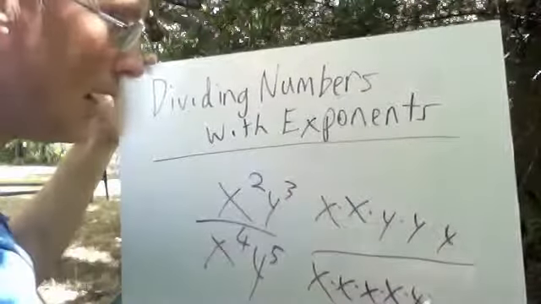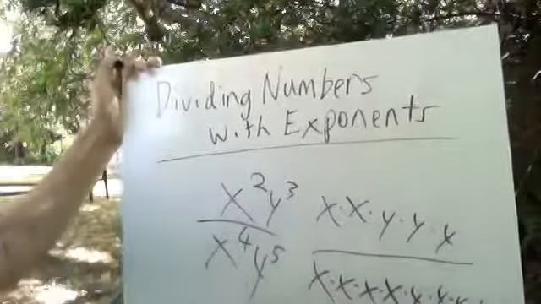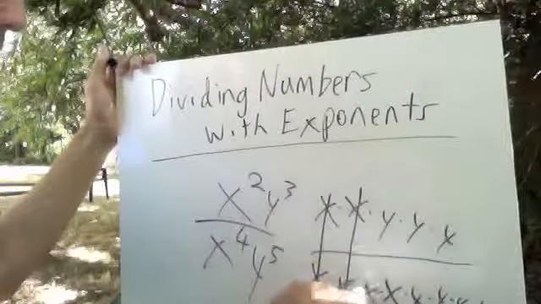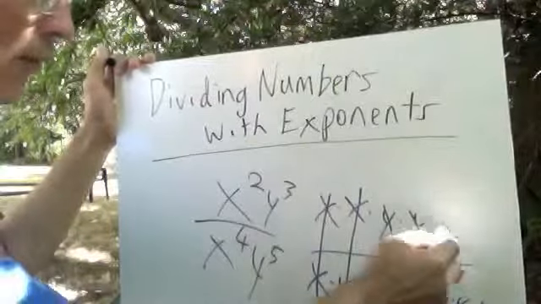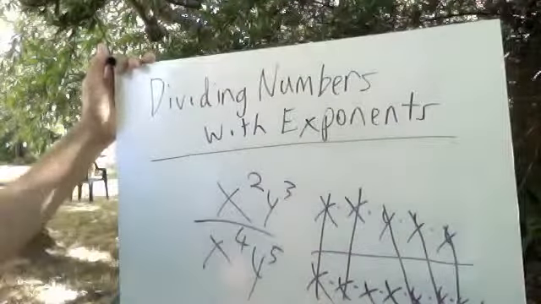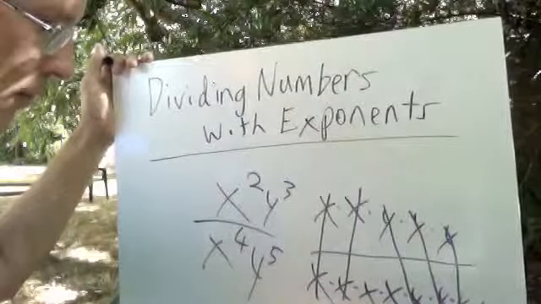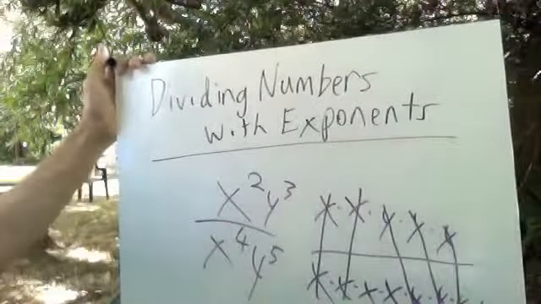Why did I choose so many? Okay? And then cancel, cancel. You're going to be left with 2 down here. Cancel, cancel, cancel. You'll be left with 2 also. So it's 1 over x squared y squared.